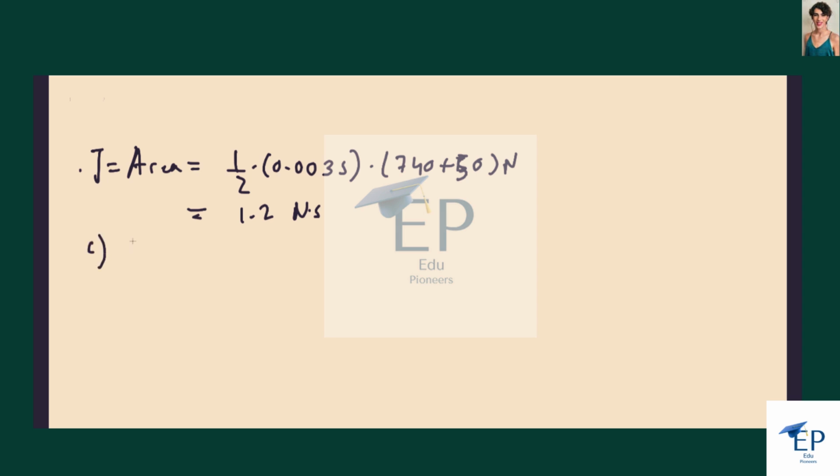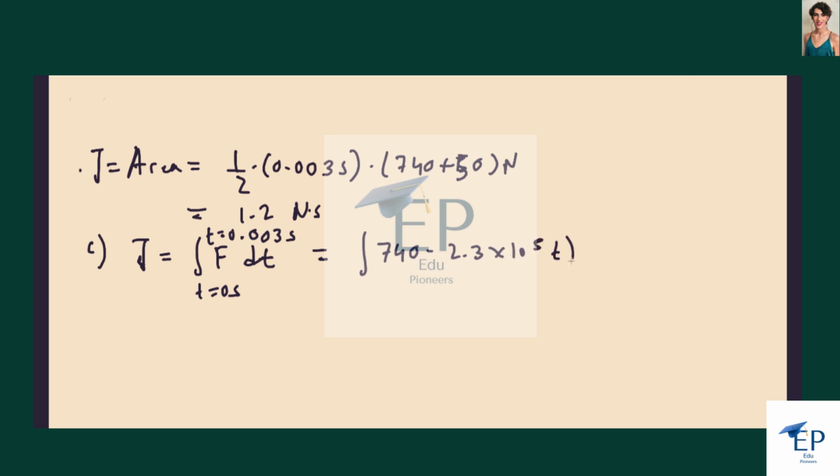In part C, we use integration, so here we integrate F with respect to dt over the interval t equals 0 seconds to t equals 0.003 seconds. So we integrate 740 minus 2.3 times 10 to the 5 times t with respect to dt from t equals 0 to t equals 0.003.